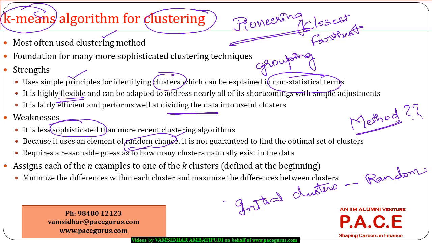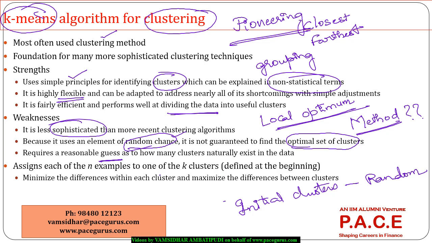Because of that, it is nowhere guaranteed that it will get only the optimal set of clusters. Depending on the initial cluster that has been generated, you may or may not get an optimal set of clusters. That is where we use the term local optima. We may get a locally optimal set of clusters, but we may not get a globally optimal set of clusters.